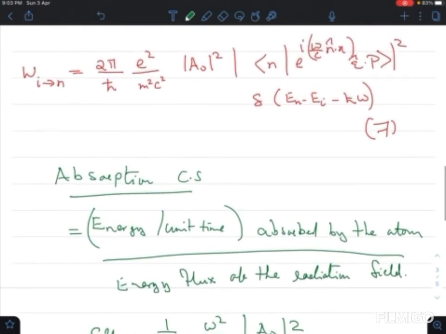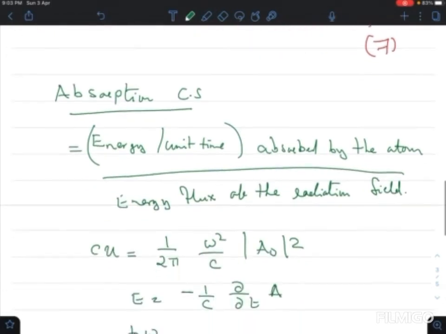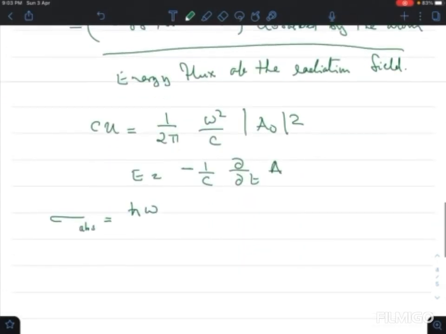Okay, this one, that is 2π/ħ. Each one absorbs 2π/ħ e²/m²c² modulus of A0 squared. All those things you have to write. Okay, so ħω 2π/ħ e²/m²c² modulus of A0 squared.